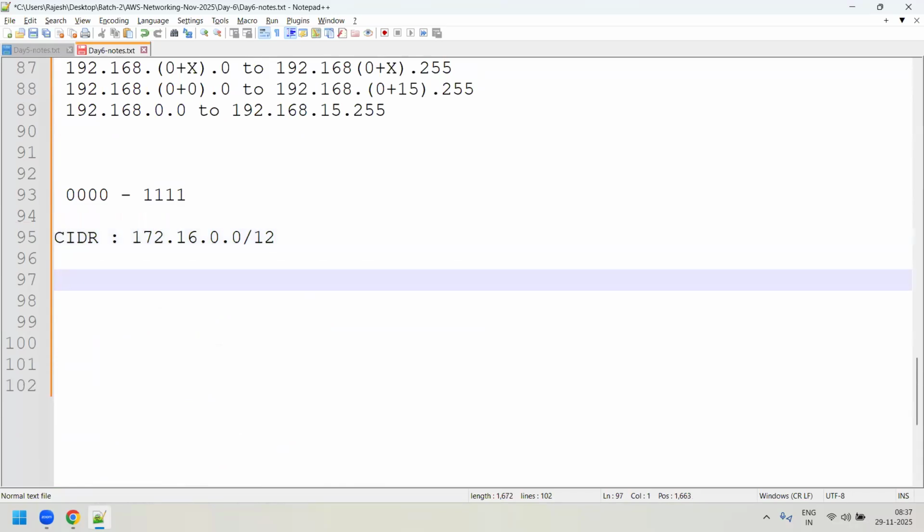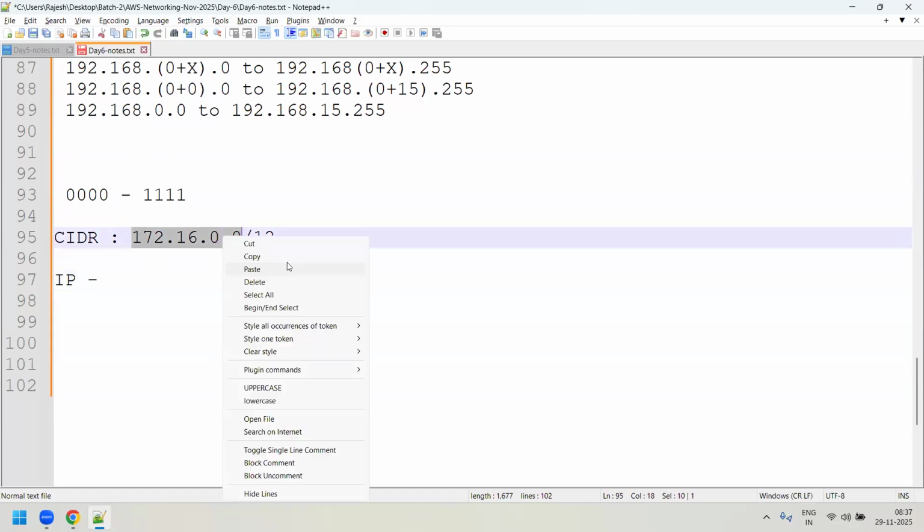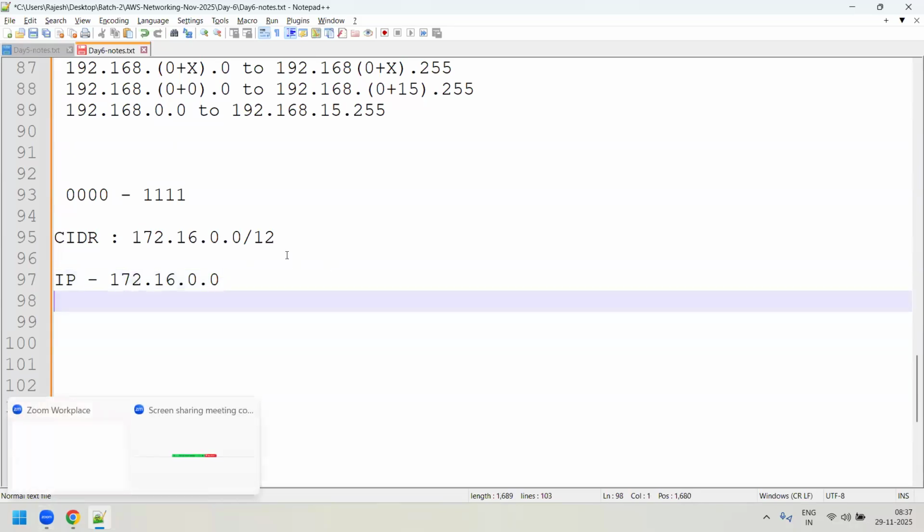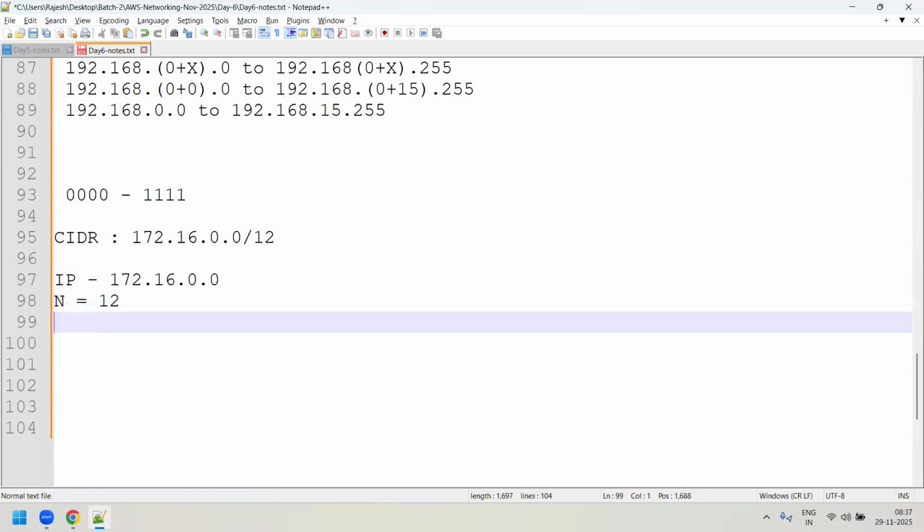Now, this is what it is. I need to calculate the subnet mask. How to calculate the subnet mask? Consider this as a complete IP address itself. Now, this is capital N, right? Capital N is 12, right? Am I clear, sir? Yes.